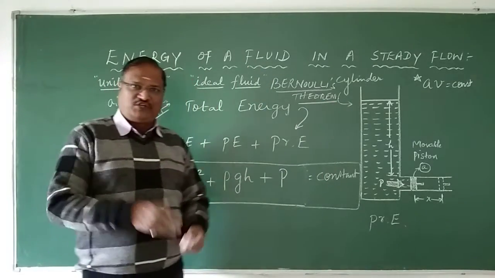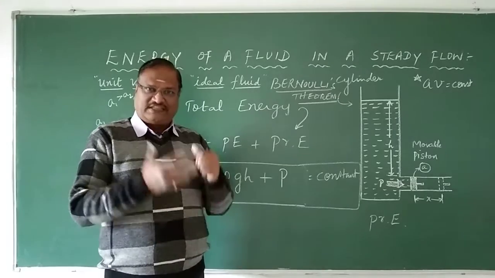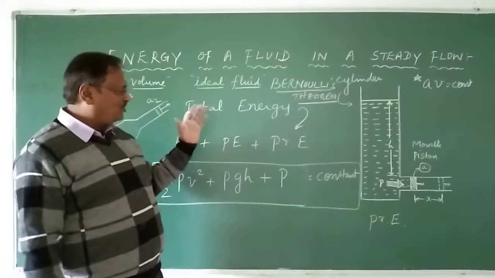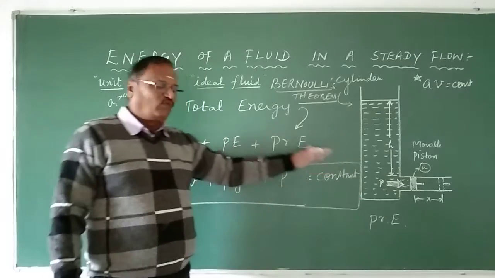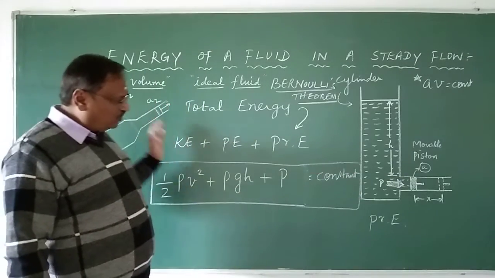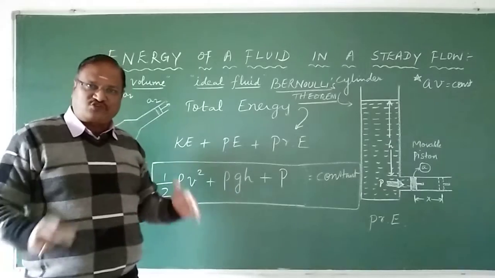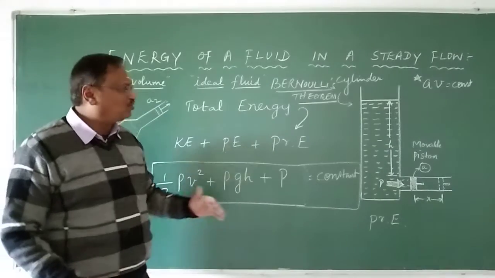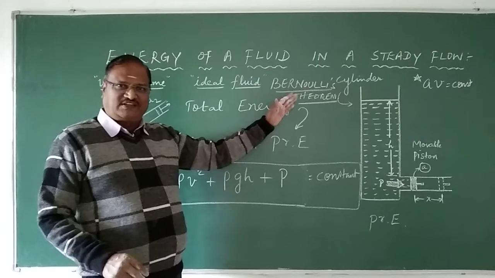I showed another full video only on Bernoulli's theorem. Here my aim was to just introduce the three types of energy, how you connect them, and how that energy remains constant, which leads to Bernoulli's theorem. I hope you understand what I have done.